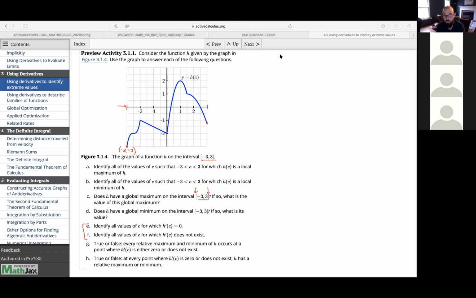But we're not always going to be able to see the graphs exactly, so we're going to have to rely on the derivative to help us identify where these points are. So go through E, F, G, H. We've got 1 minute. Think through these for another minute, and then we'll all come back together, okay? I'm going to jump into the other breakout room just to check in with them one last time.